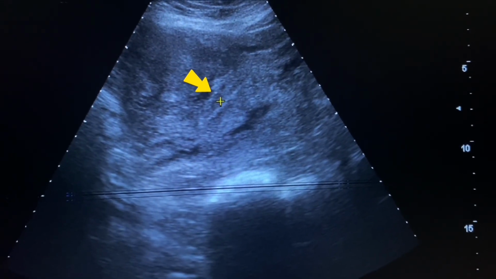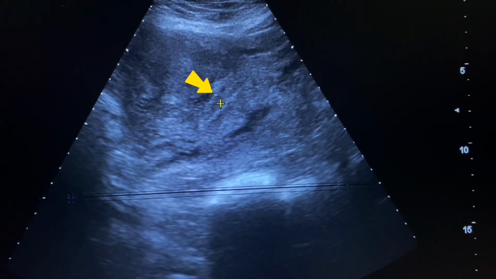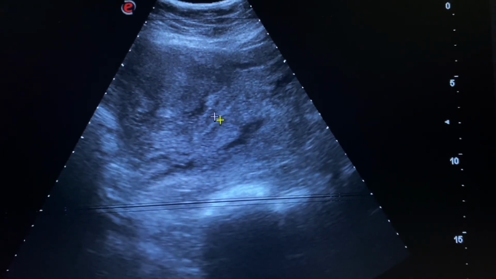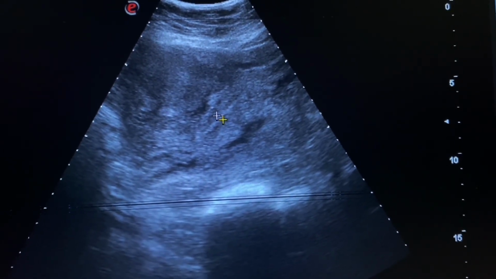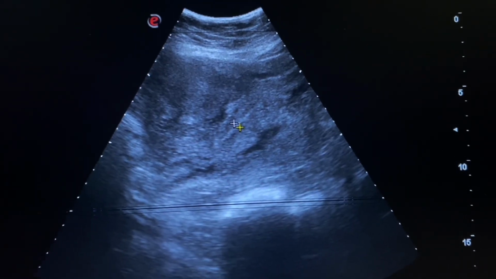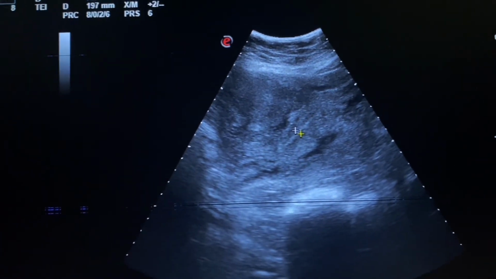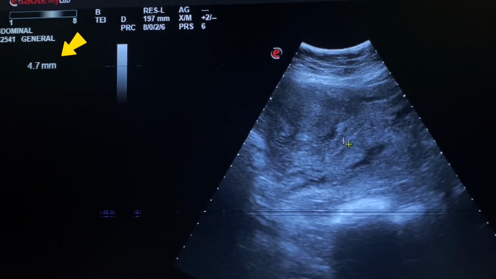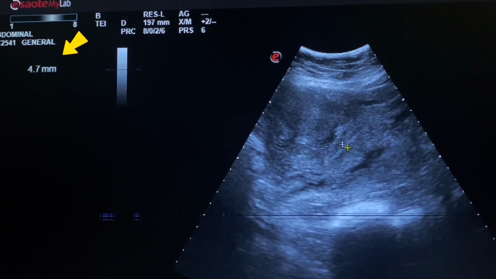Now we will measure the endometrium. The endometrium is normal in size, 4.7 millimeter.